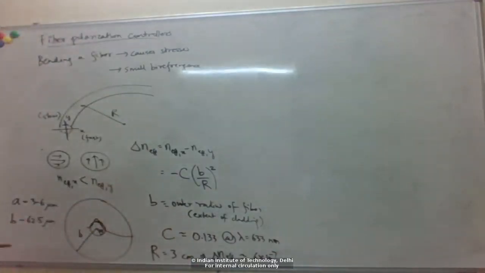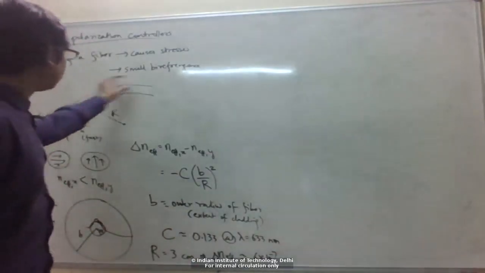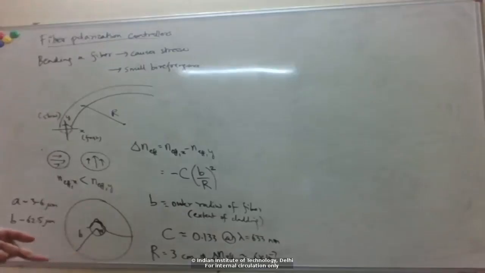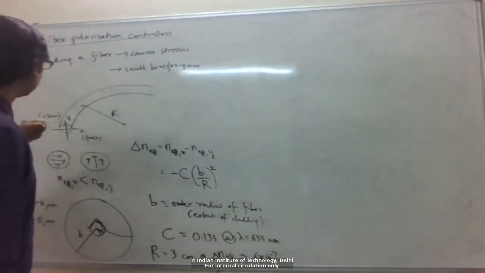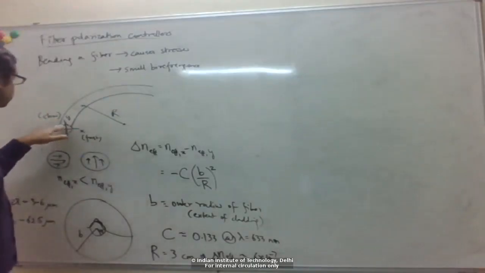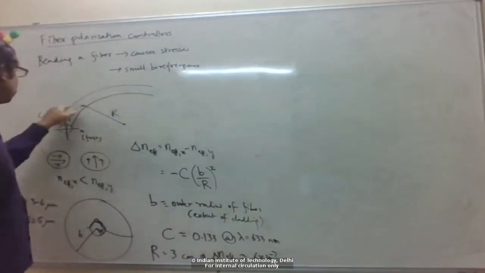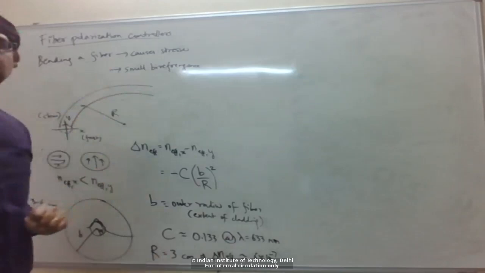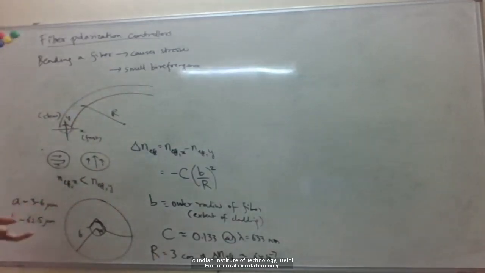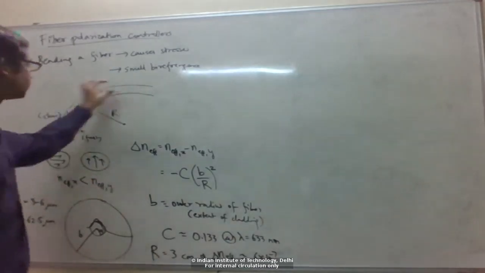Again, recall that when you bend the fiber there's also a loss, because we had a discussion on bending loss. As soon as you bend the fiber, the guided mode is not an eigenmode anymore. We saw that there is always some loss associated with a bend, and that loss scales exponentially with the bend radius.